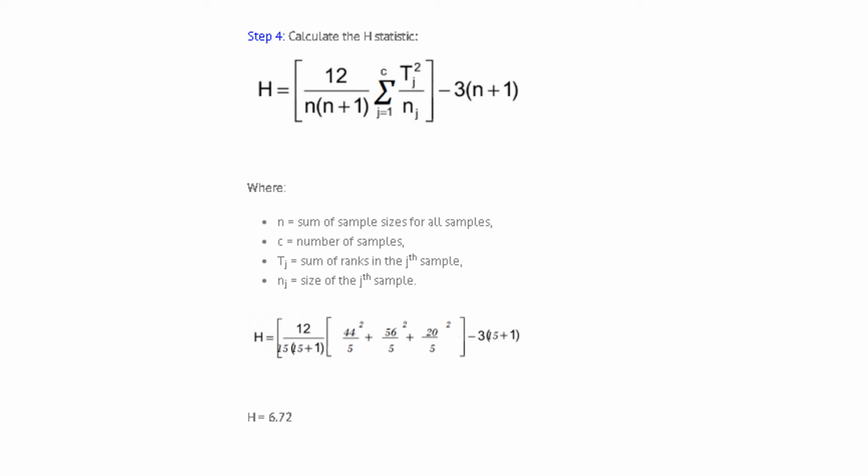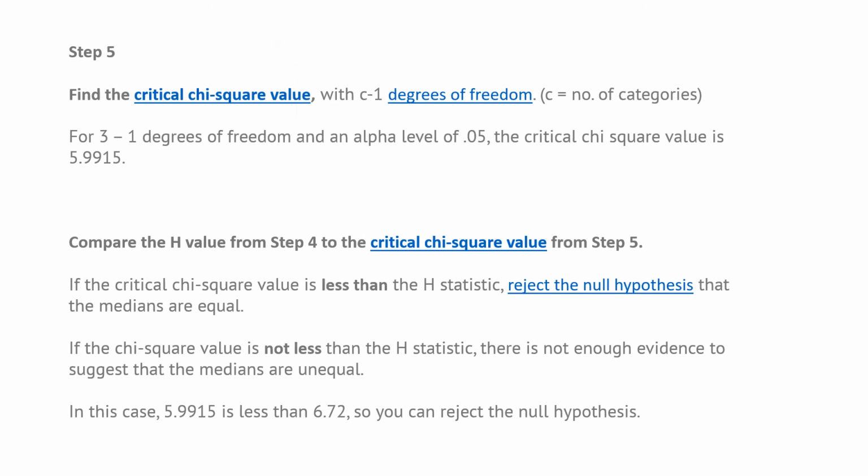In that case you have to use SPSS software. Then find the critical chi-square value with C minus 1 degrees of freedom. C is the number of categories. Here 3 categories are there, right?